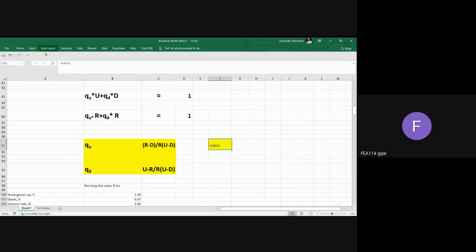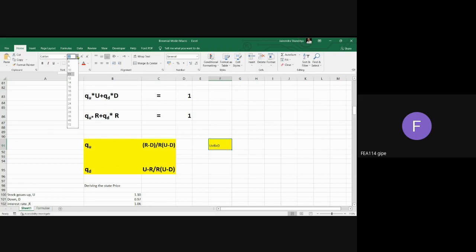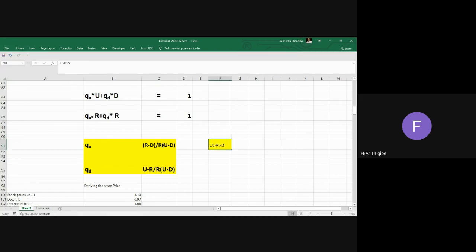So let me enlarge it and show it to you. One of the conditions required for this binomial modeling, which is what we are doing, is that the up state should be greater than the risk-free rate, 1 plus R, and that should be greater than the downside movement.